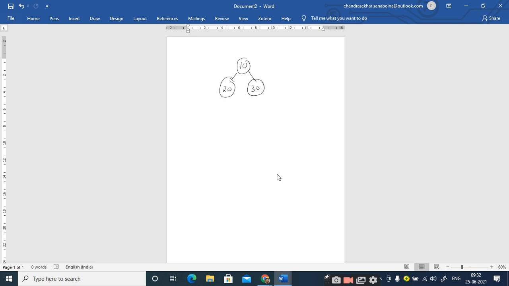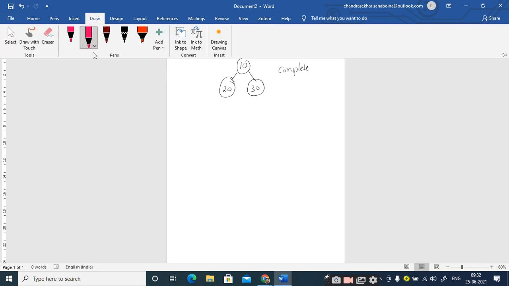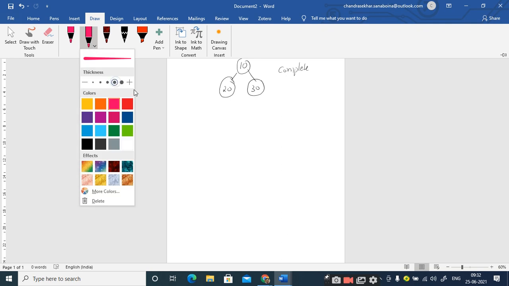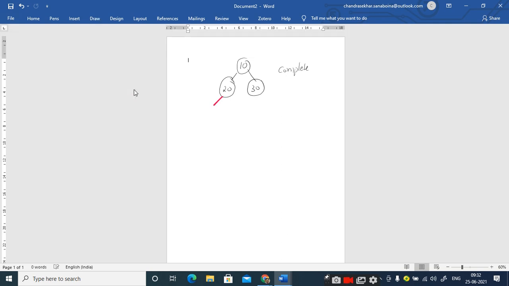Can anybody tell me, is it a complete binary tree? Yes, sir, complete binary tree. Right. So for example, if I write another node, 40, here, is it a complete binary tree? Yes, sir, it is a complete binary tree.